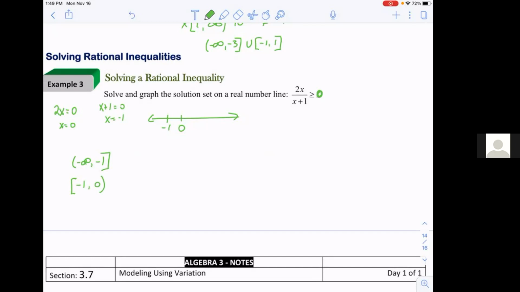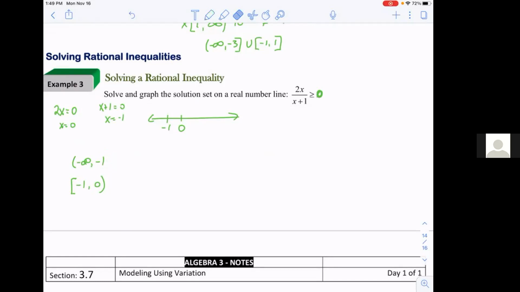Now I need to stop for a second because I goofed this up. If we go back to my domain restriction, what's my domain restriction here? What value causes my denominator to go to 0? -1 is going to be my evil Santa Claus here. So that means that no matter what I do over here, x cannot equal -1. Well, I've screwed that up because I said x could equal -1 with that bracket.